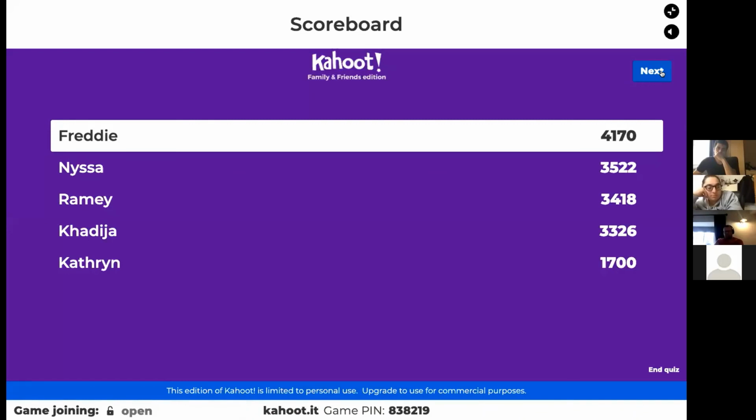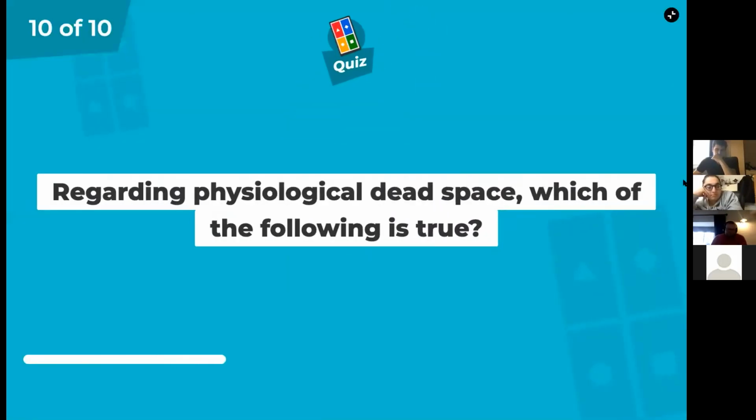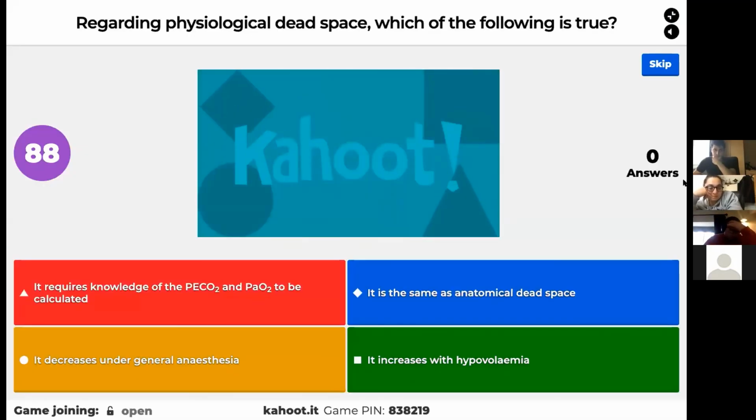And the last question, regarding dead space, physiological dead space, which of the following is true?